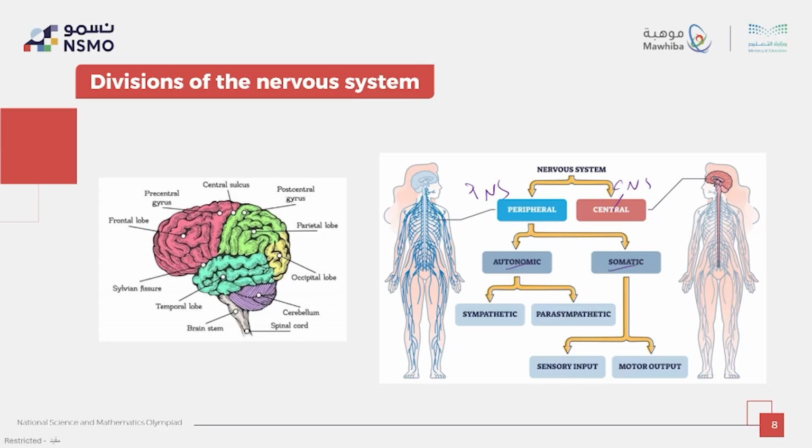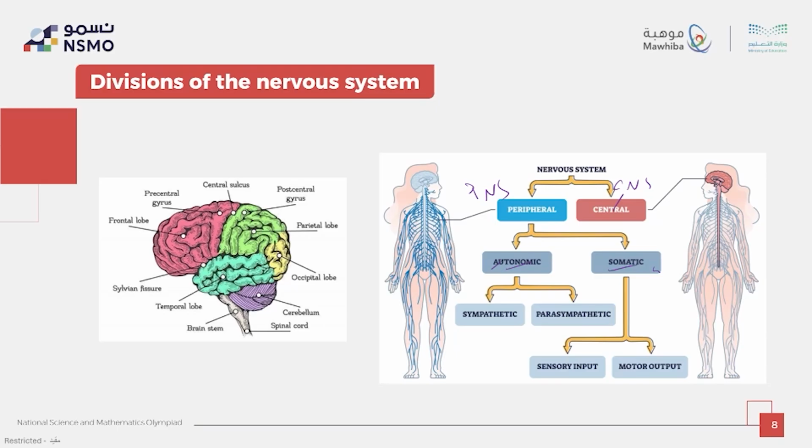Let's talk first about the somatic nervous system. It controls voluntary actions such as walking, talking, and writing. The other one is the autonomic nervous system. It controls involuntary functions such as heartbeat, digestion, and breathing.